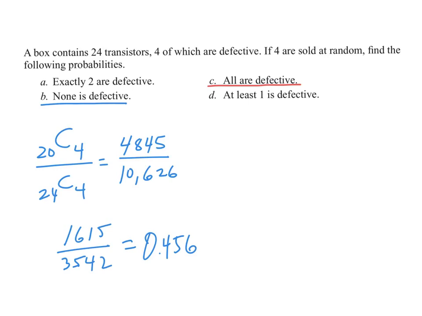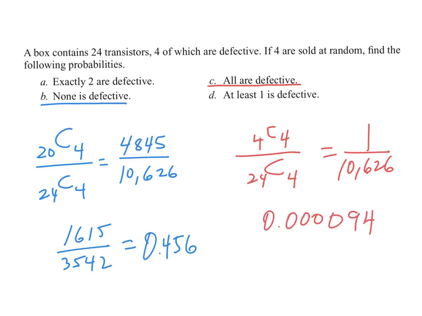So what we should have for that is choosing 4, choose 4, which there's how many ways to do that? 1. Okay? So this is really just 1 over 10,626, which is pretty small. The likelihood of you getting all 4 defective transistors out of the 4 that you buy is pretty small. Okay? And next we need to talk about D, because D is a little tricky.